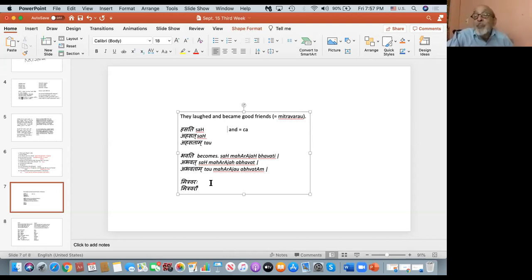Shobhanam Pushpam, beautiful flower, you can say. But if you say Shobhana Nara, then he may be beautiful only from outside, may not be inside. Handsome man, but they may not be handsome inside.